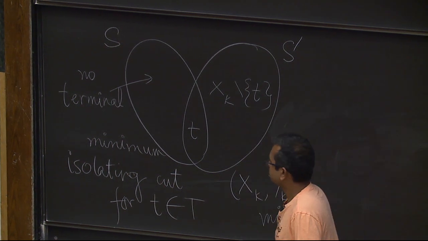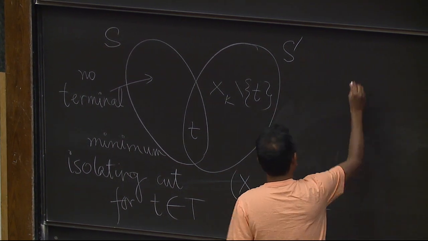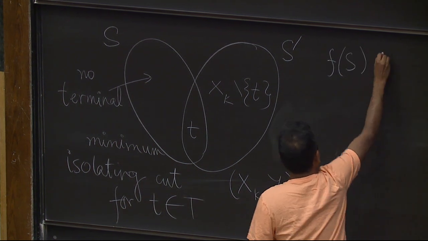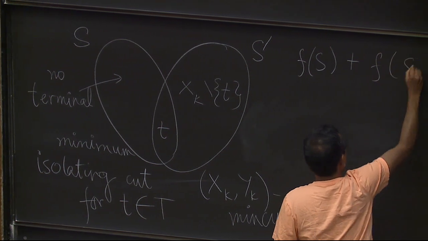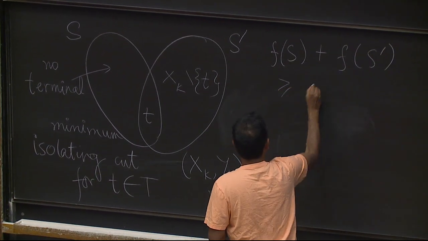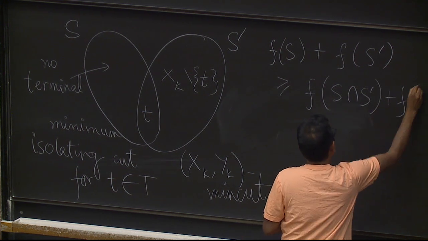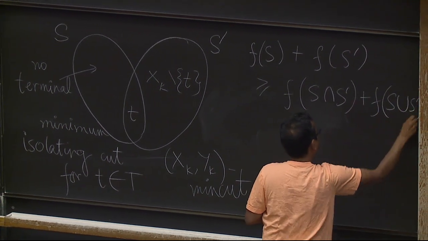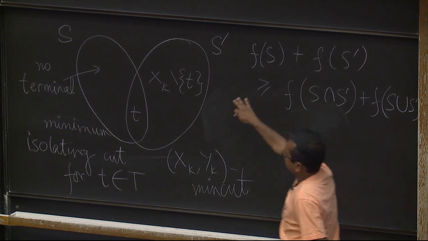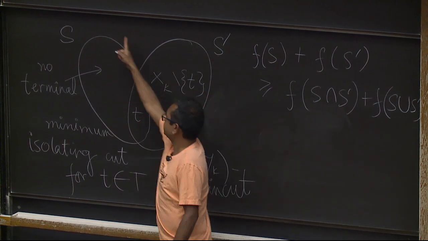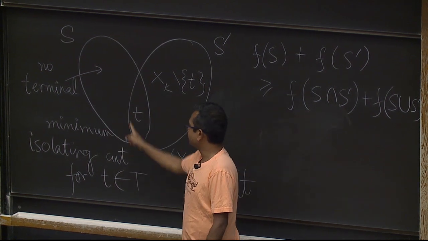Okay? So now that we have made this observation, let's write the following inequality, again a very standard inequality that follows from submodularity. This is saying that the size of the cut S plus S prime is at least the union of the two plus the intersection of the two.